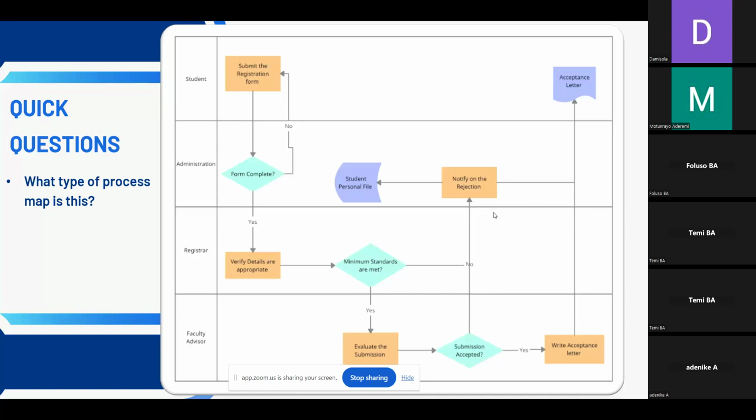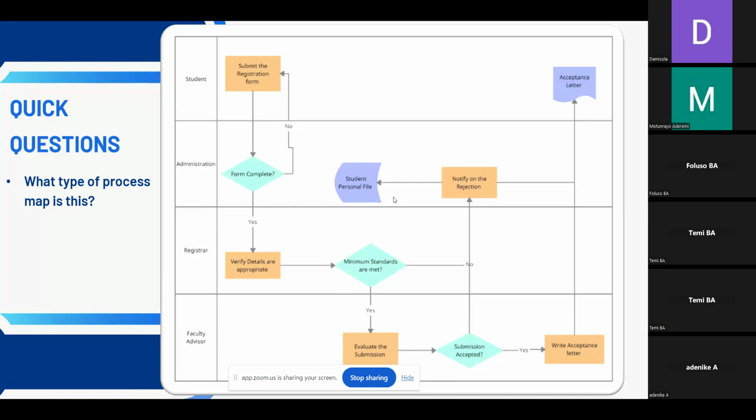Once you see this, BPMN is not necessarily what comes to mind. Remember, I told you that there are specific shapes. I can show you the shapes a bit later. But once you see these different functions, you already know it's cross-functional, because the student, the administration, the registrar all have different functions. So once you see this, you know it's cross-functional.